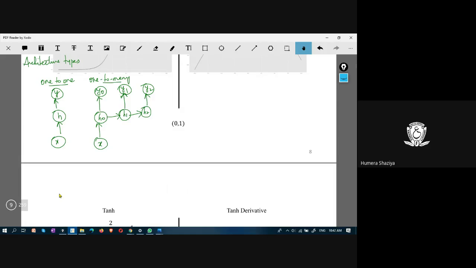The application of this one to many is image captioning. What do you mean by image captioning?